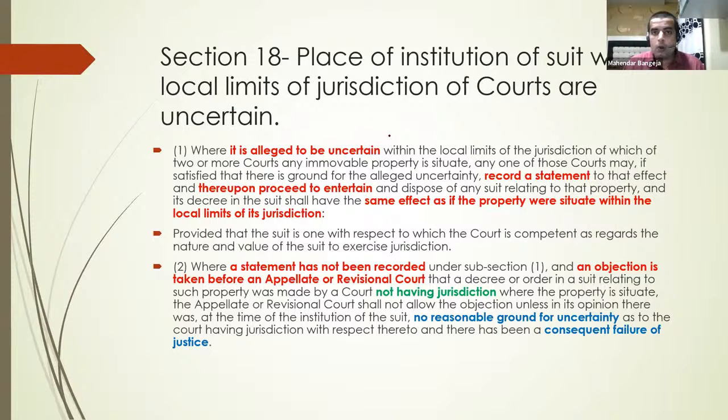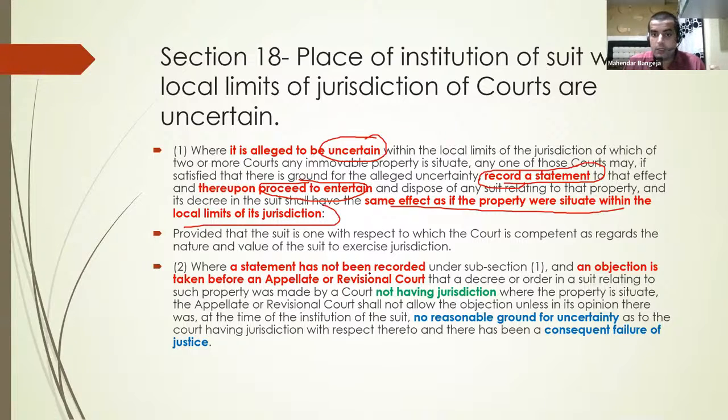See, what if the jurisdiction of a court is uncertain? Then what happens? The court will record a statement. And statement record करने के बाद it will proceed to entertain. And उस केस में same effect होगा जैसे उसके पास jurisdiction थी. Clear?